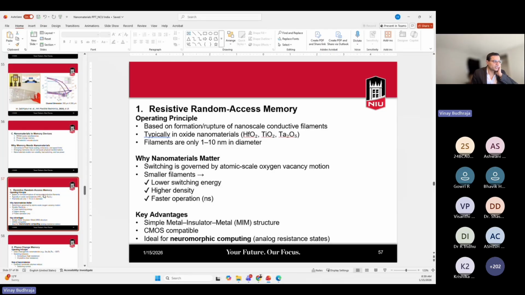Key advantages: metal-insulator-metal structure is possible, CMOS compatibility is possible, and the most important, it's ideal for neuromorphic computing. Neuromorphic computing is the future in the coming decade, and it's not in a very commercial state yet, and development and research is going on, but the demand is huge.